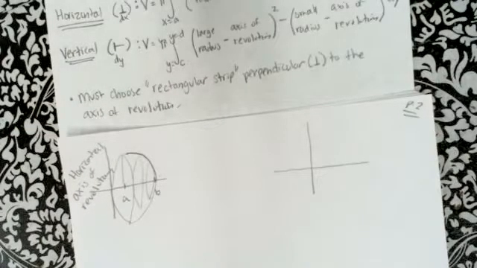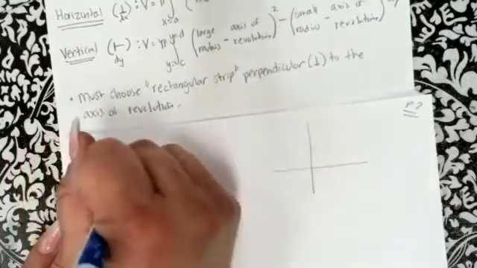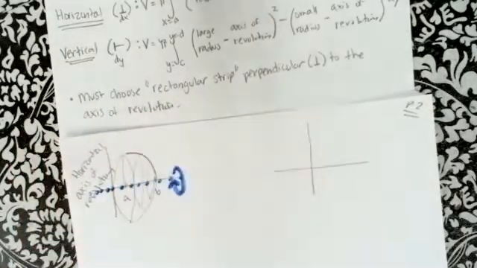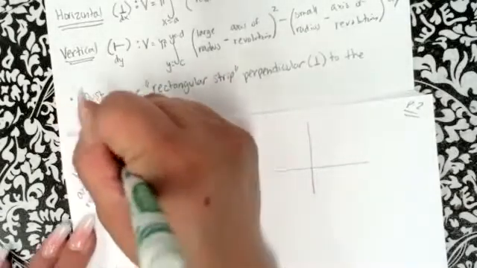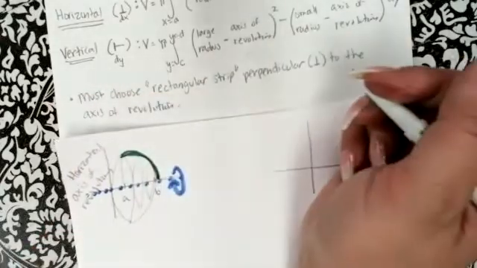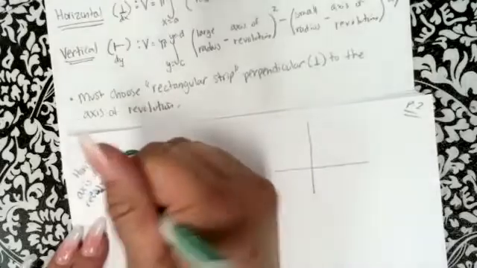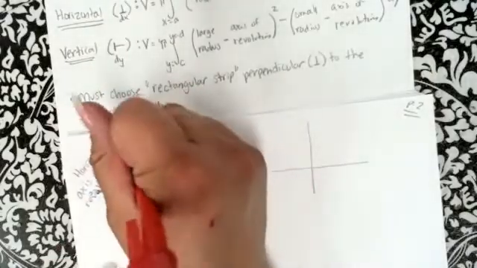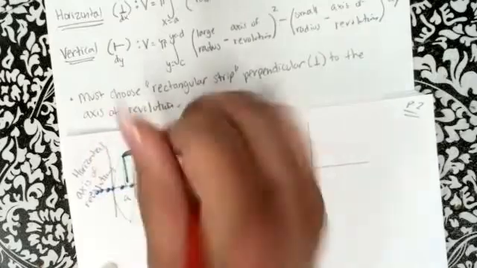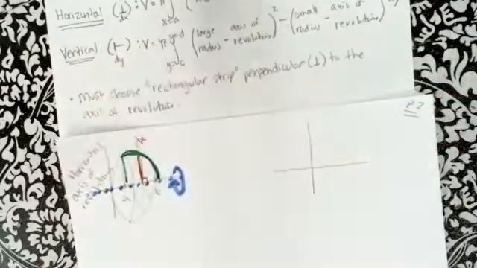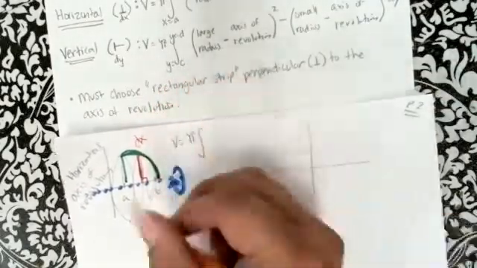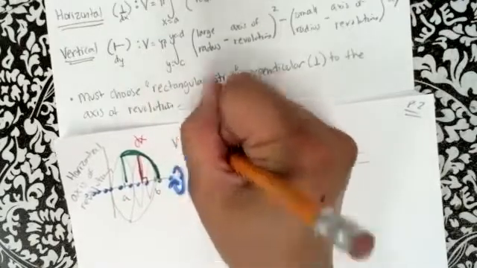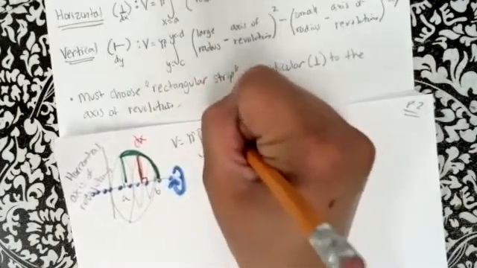So right here, what's happening is this is going to be my axis of revolution, and it's rotating like this. Now this is going to be the graph right there. And this is a dx problem because it's perpendicular to the axis of revolution. So the volume here is going to be pi, and this is a solid from A to B of whatever the radius is, squared dx.